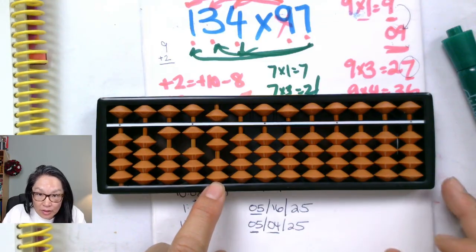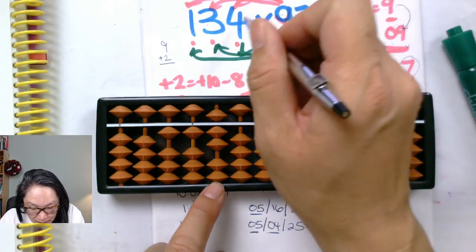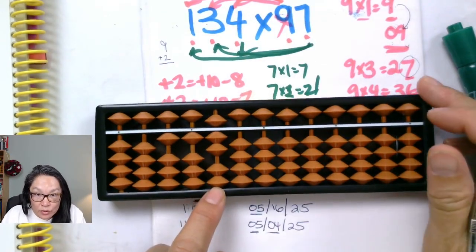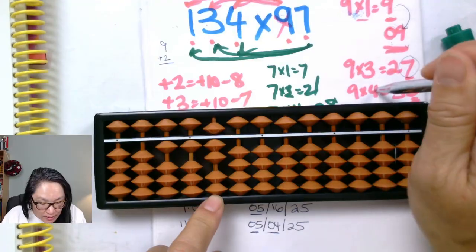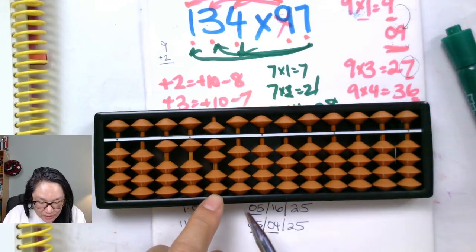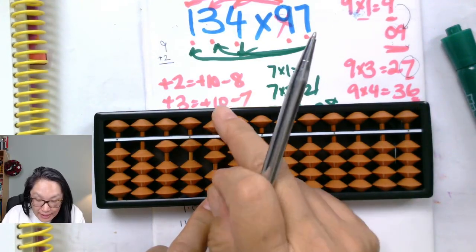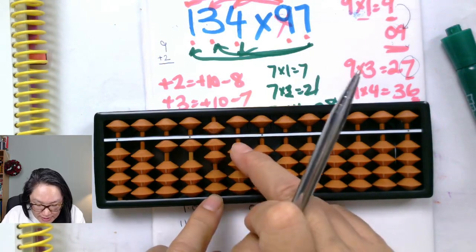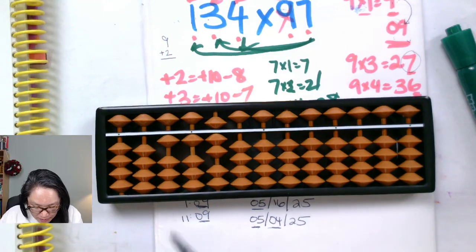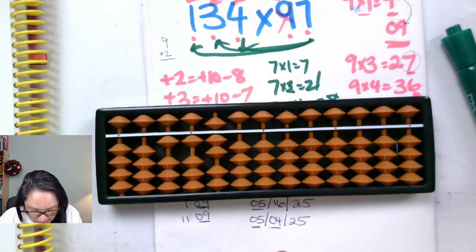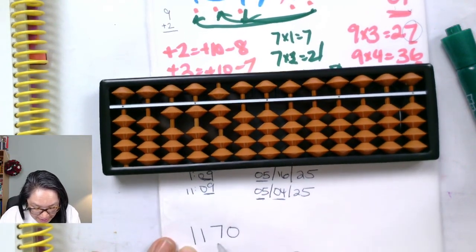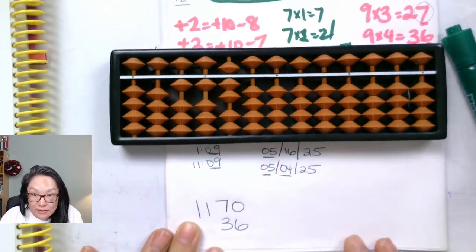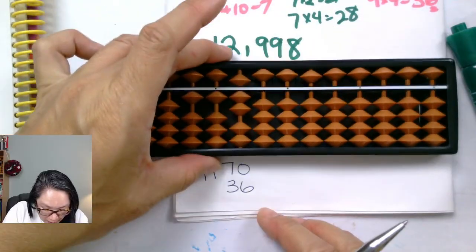Now what am I going to do? I'm going to do 9 times 4. 9 times 4 is 36. I add 30, I add 6. What is my question right now? It's 1170, and I need to add 36. Does that help, Copper?